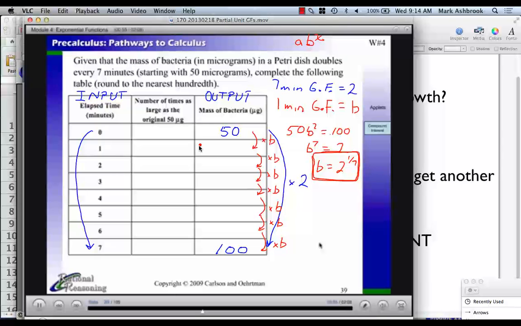So this is going to be 50 times 2 to the 1/7. Anybody have that yet? Yeah, it's 55.2, which is 50 times b, or 50 times 2 to the 1/7.